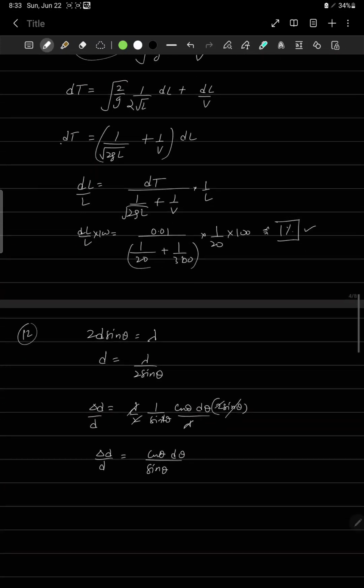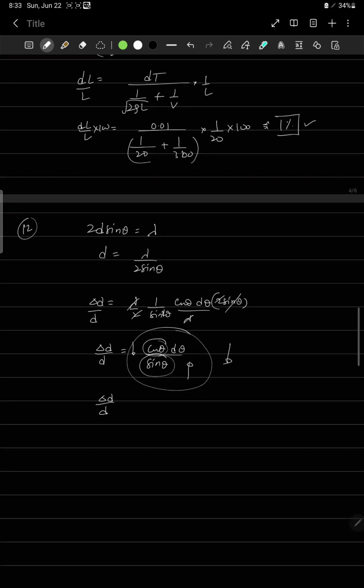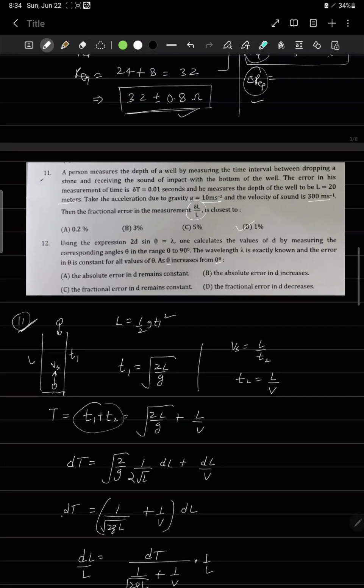That means sine theta will increase and cos theta will decrease. So the denominator is increasing, the numerator is decreasing, so overall the quantity will decrease. That means the fractional error in d will decrease. So option D is the correct one.